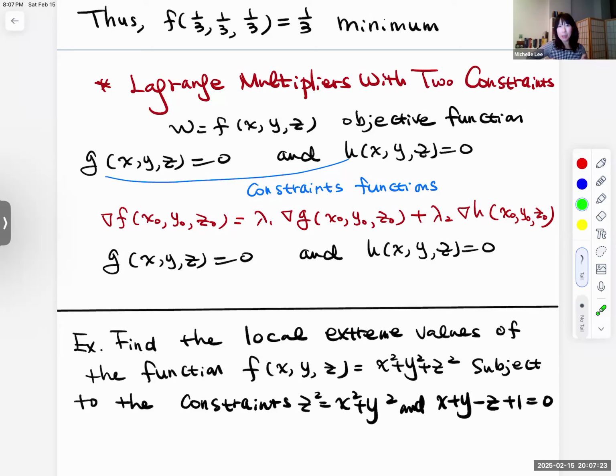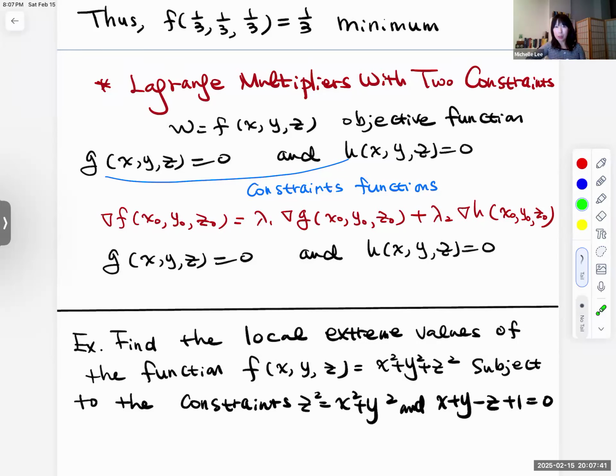Okay, let's do this problem. Find the local extreme values of the function. Earlier we had a minimum, but this time they want us to find whether it is a maximum or minimum.